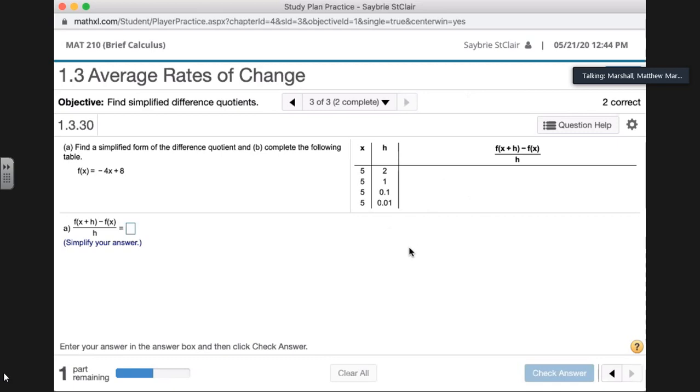Alright, this one's a little different. We'll see if this one's harder. Alright, you want to switch over?